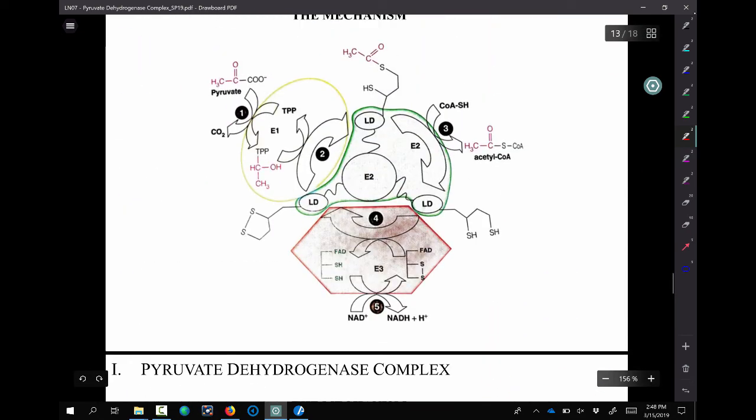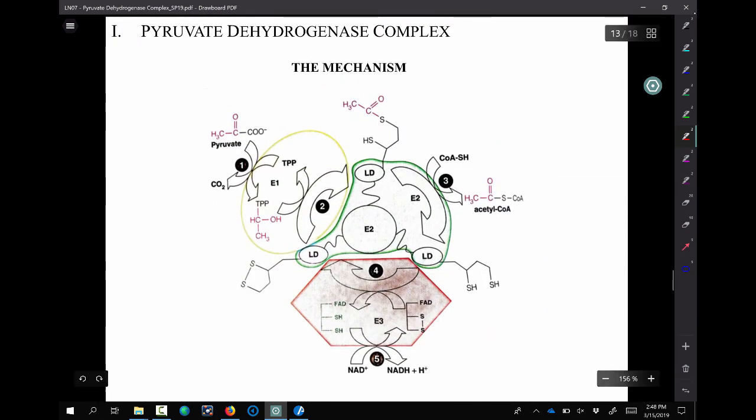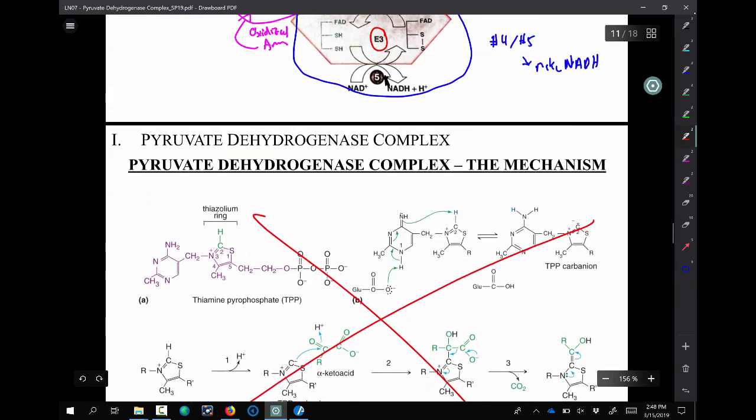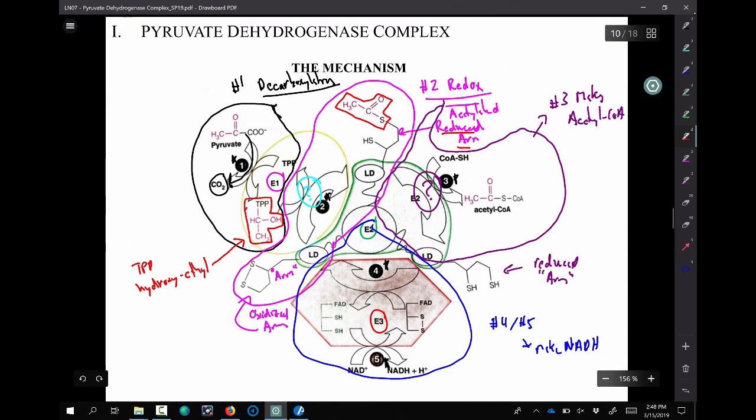So, to summarize, there are about 5 overarching steps to get pyruvate to become acetyl-CoA and also pass its electrons to NADH. First step is a decarboxylation step.